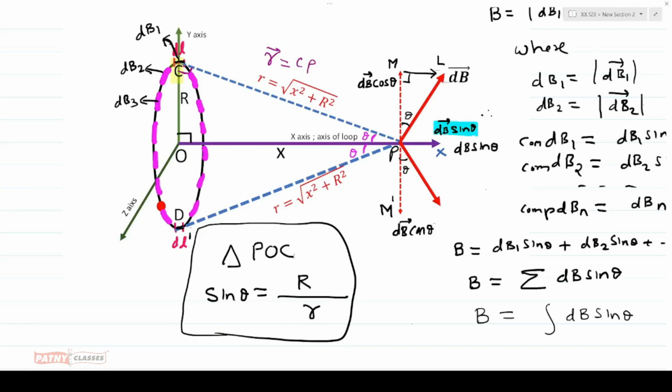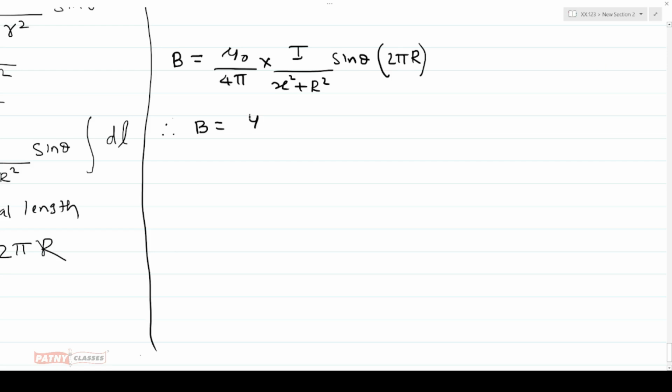From this diagram, in triangle POC, sin theta equals r upon small r. So mu naught upon 4 pi I upon x square plus r square, and sin theta is nothing but r upon small r, multiplied by 2 pi r.